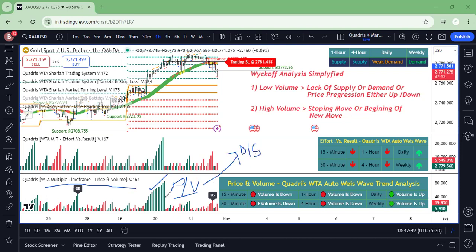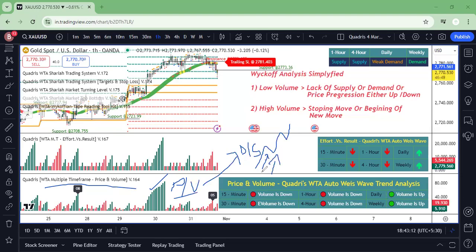In a nutshell, if anybody wants to understand what David Weiss's Weiss wave was, it was intended to identify the waves in terms of price progression and in terms of volume.